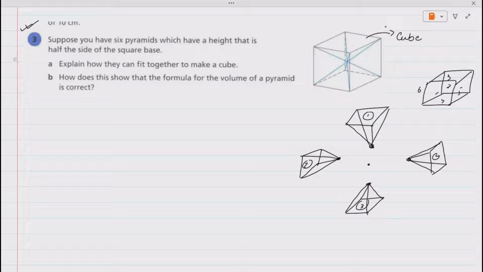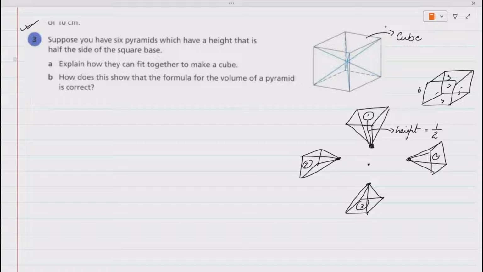They are saying that you have six pyramids which have a height that is half the side of the square base. So here, each pyramid, suppose this first one, has a height that is half the side of the square base. The height is from here to here. They are saying this height is half of what?